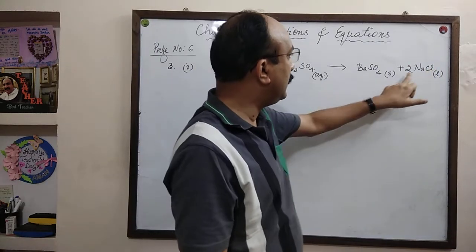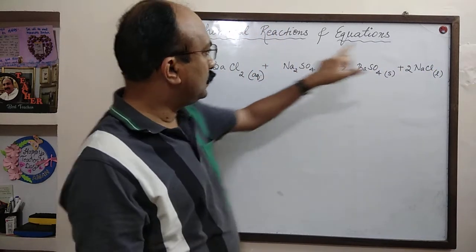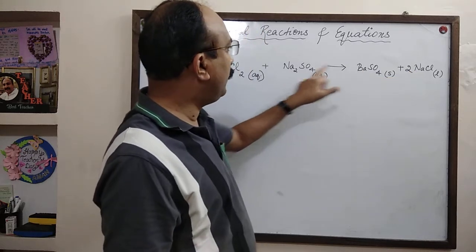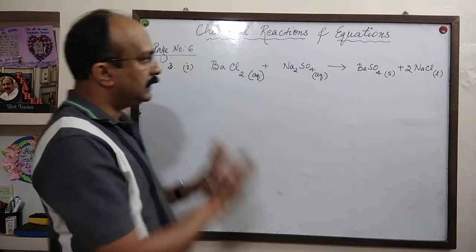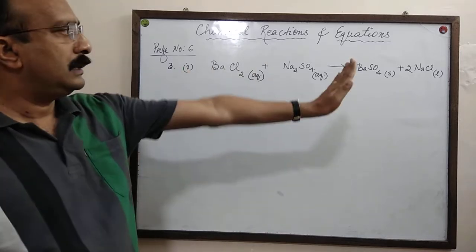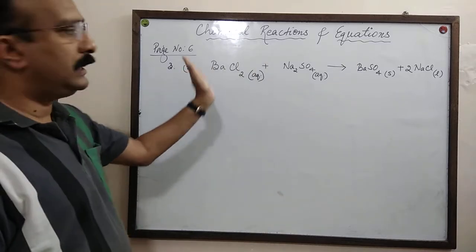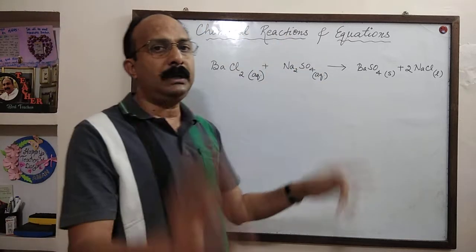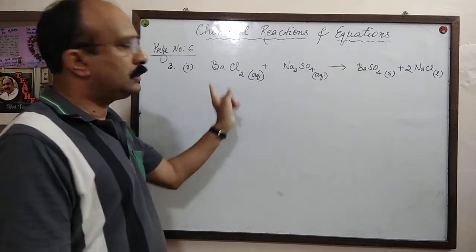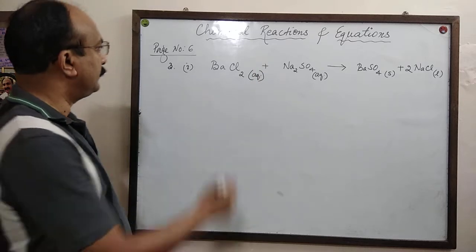Cl2, now it is Cl2. Na2, yes. Now Na is also 2. SO4, SO4. Now count the number of atoms in LHS and RHS. You can see the number of atoms of each element in LHS and RHS are now equal. See once again. So by putting only 2 there, it got balanced.